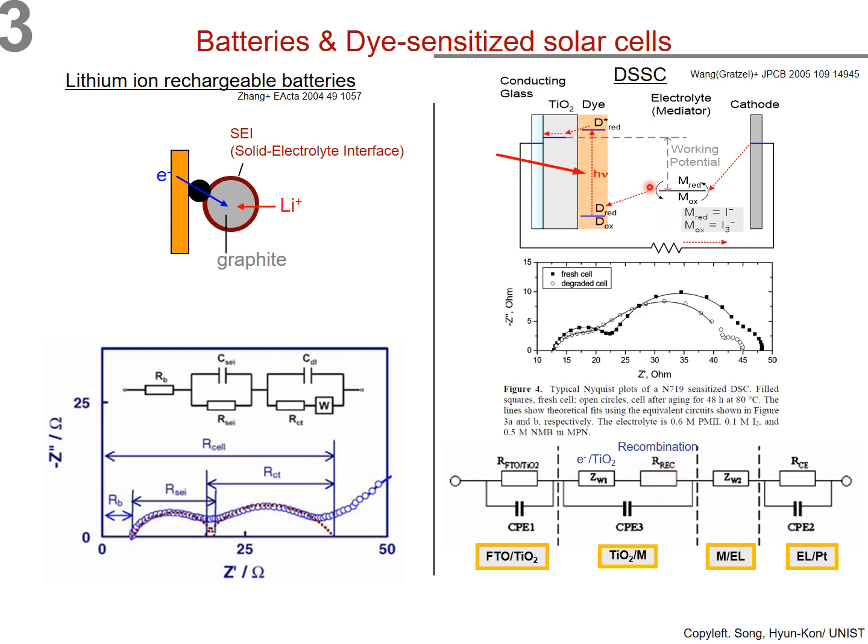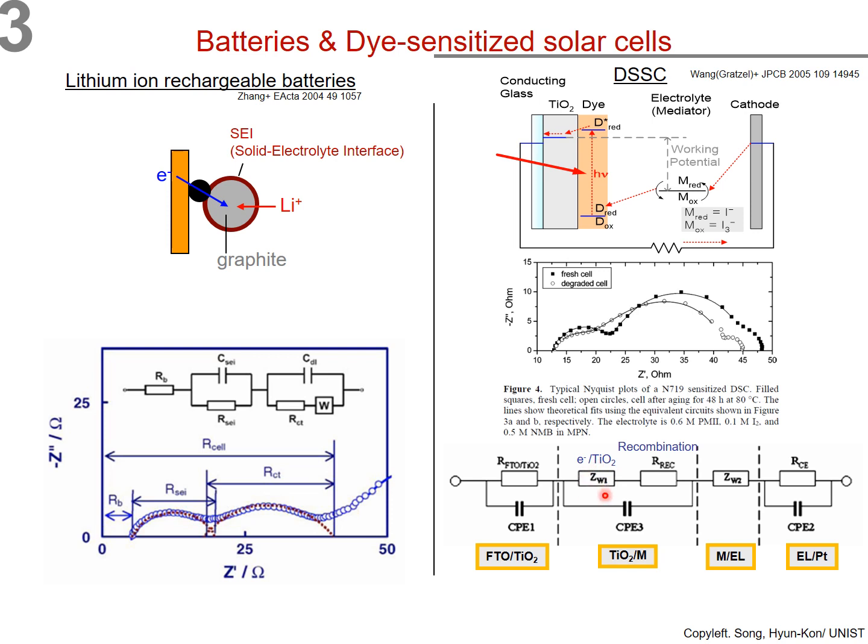This is about the electron transfer, actually the back transfer of electrons from the ground state into the oxidized species of the mediator. But don't try to understand the exact meaning of each component. I just would like to give you an example of electrochemical impedance spectra.